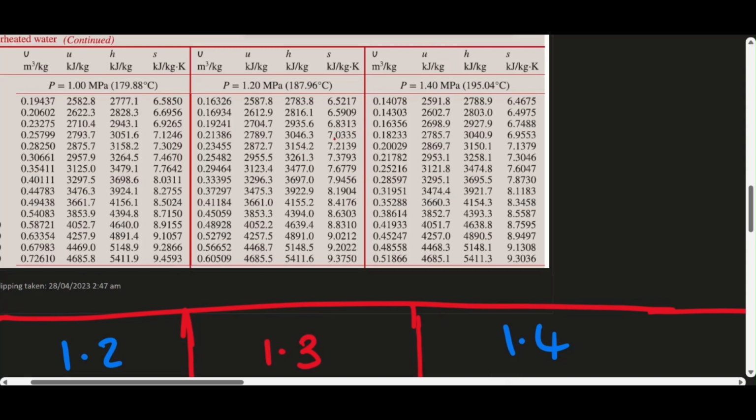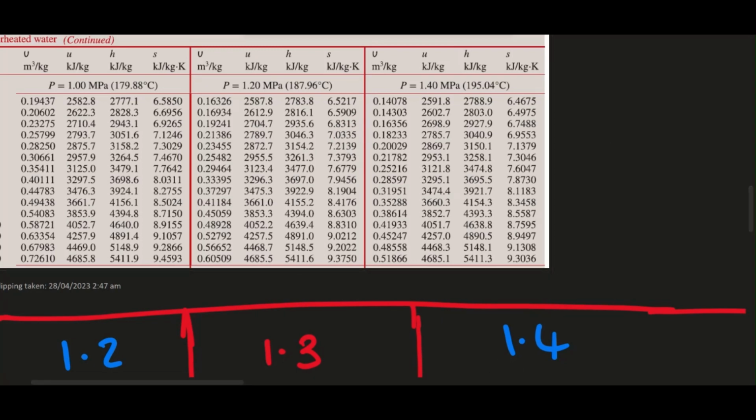There's a problem here. 6.9 is in that region, so enthalpy is somewhere in there. That tells me I need to interpolate. Do you see that?